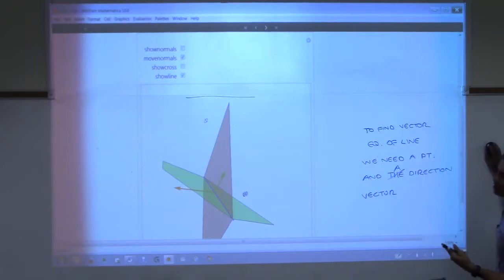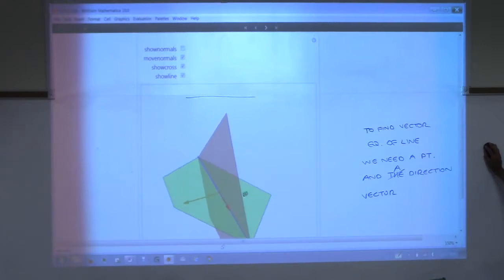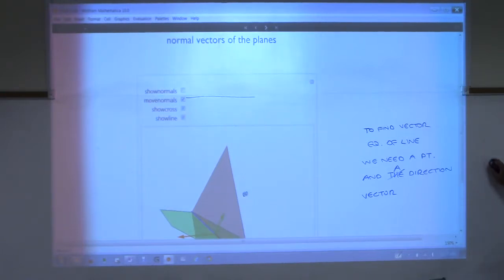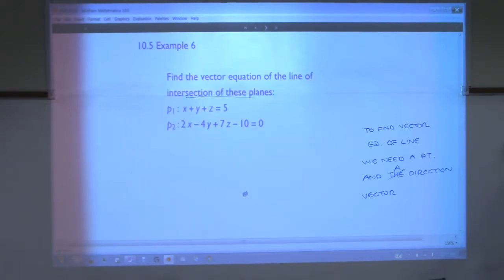Then, if I cross them, see that red vector that popped out? That red vector is on that line. It's in the direction of that line. So that's how we will go about trying to find the vector equation of the line of intersection of two planes.